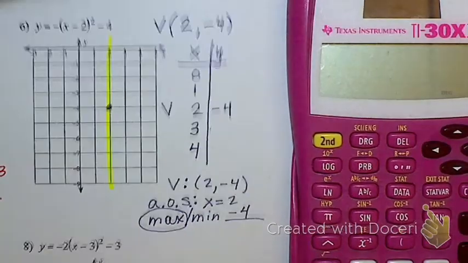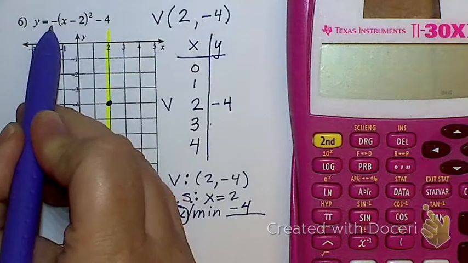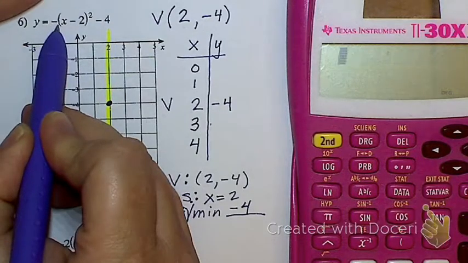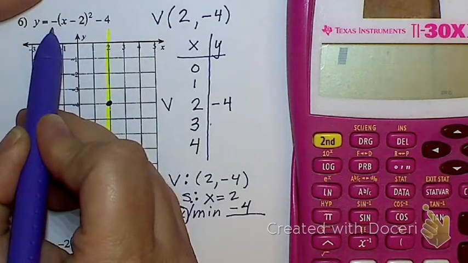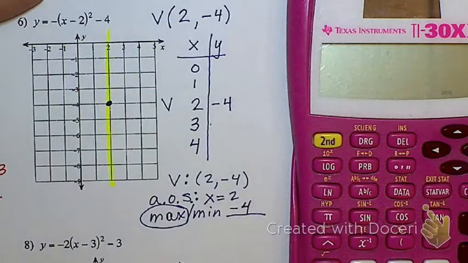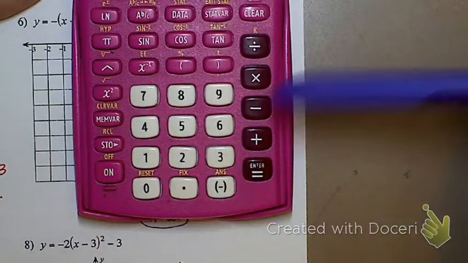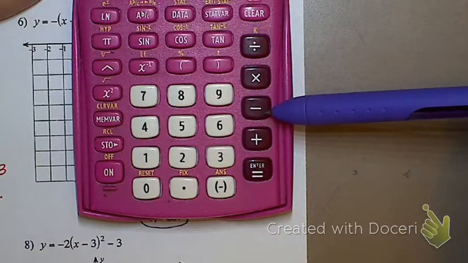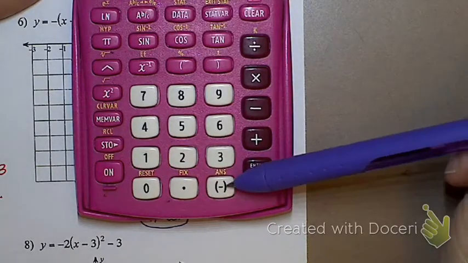Okay, so I'm going to plug this in. Do you notice that there's a negative sign before the parentheses? There needs to be a negative sign before the parentheses in my calculator, too. So negative, parentheses. By the way, this is not the negative sign on this calculator. Most of these calculators, you have to use this as your negative sign.